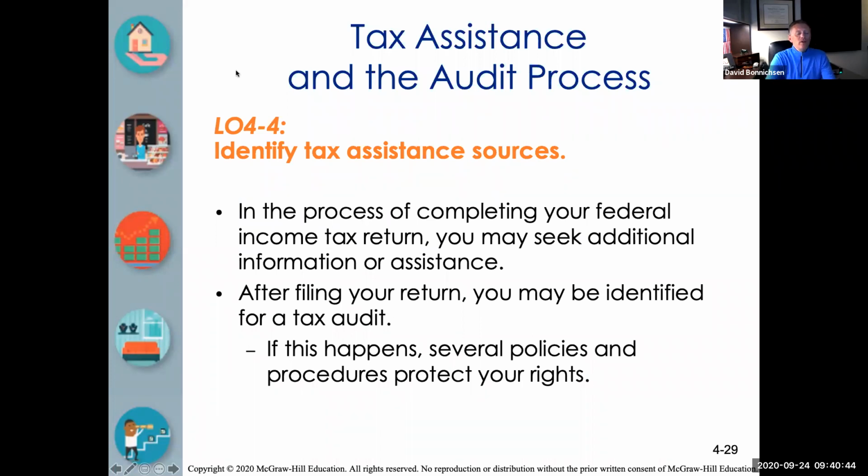So what I'd like to do now is pause for a moment, and I'm going to fire up the IRS 1040 form and an example. And we're going to go through an example of how to go about preparing your 1040. How do we use the 1040 form? How do we use the W-2? How do we use Schedule 1, okay, in order to determine what our taxable income is?